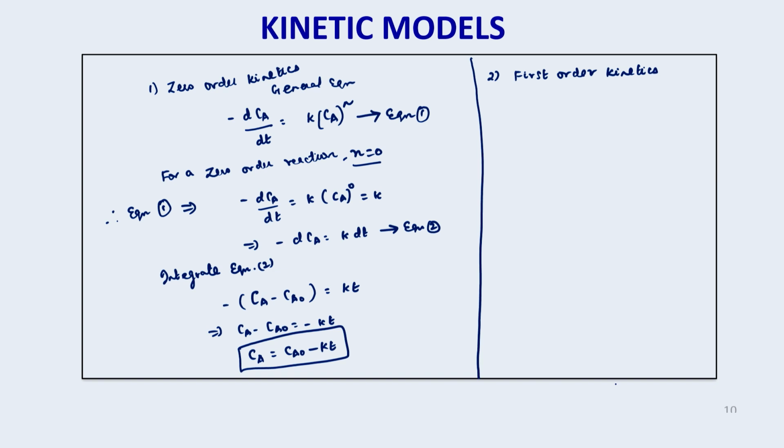Again, let us take the basic equation, minus dCA by dt equal to, for first order kinetics, the reaction order n is equal to 1. Therefore, minus dCA by dt equal to k into Ca power 1.